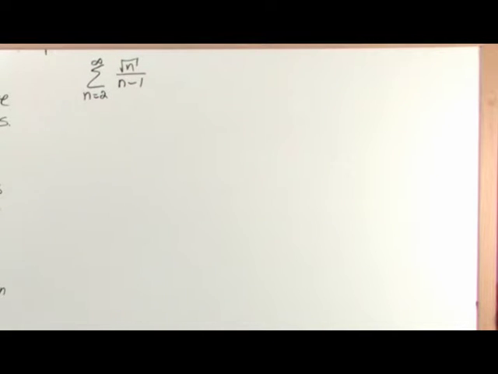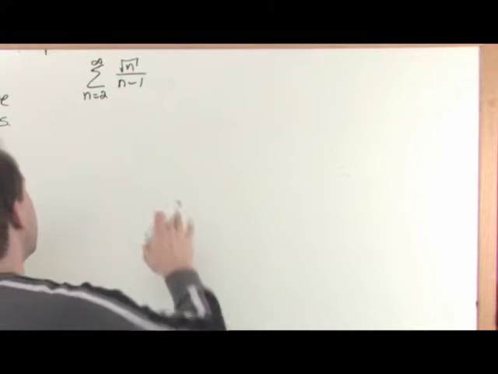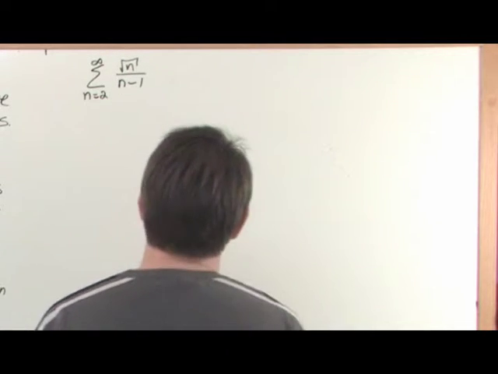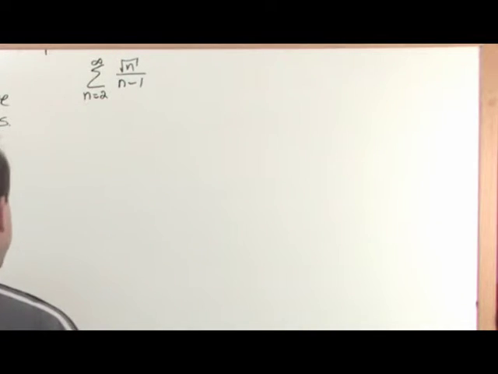So what we're going to do is try to choose a b sub n. This is a sub n, and we're going to try to choose b sub n because we want to find something to compare it to.